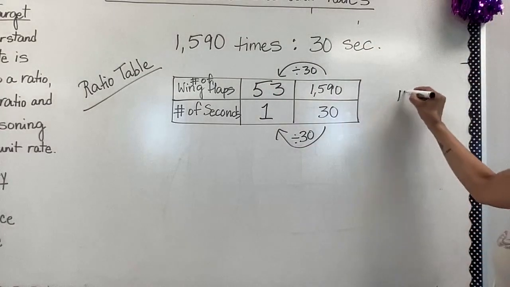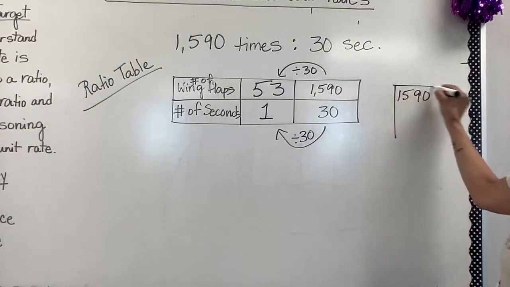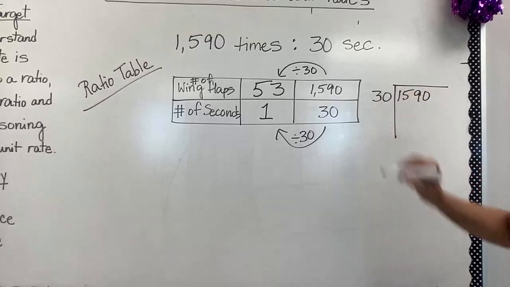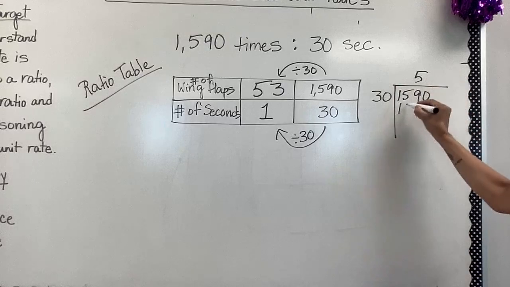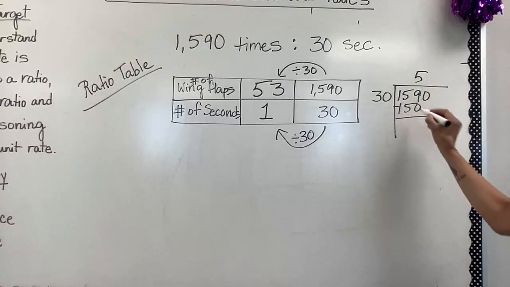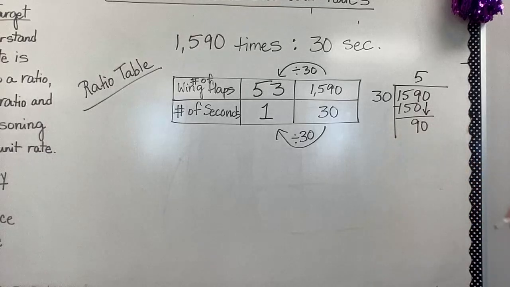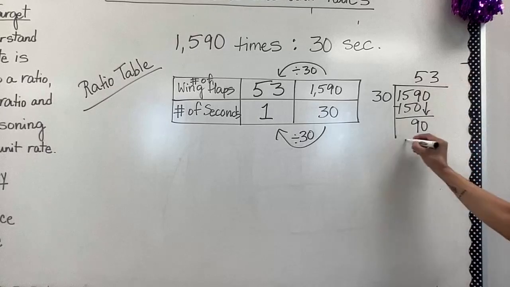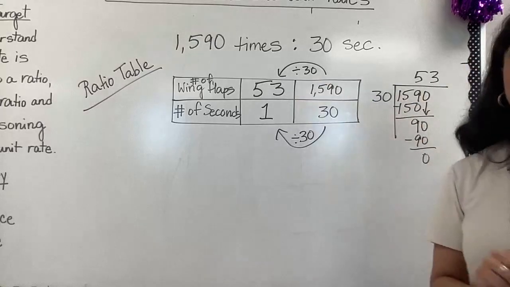So look, 1,590 divided by 30. 5 times 3 is 15, and I get 150. I get 9, bring this down. Then 3 times 30 gives me 90. So that's how I got that 53.